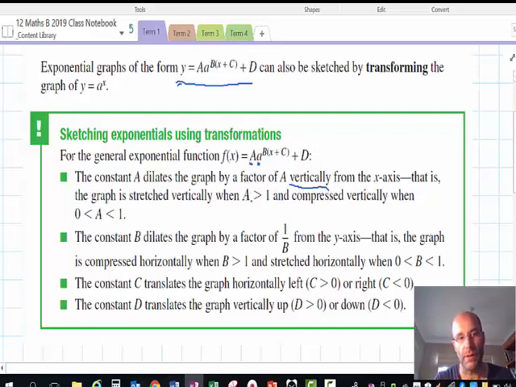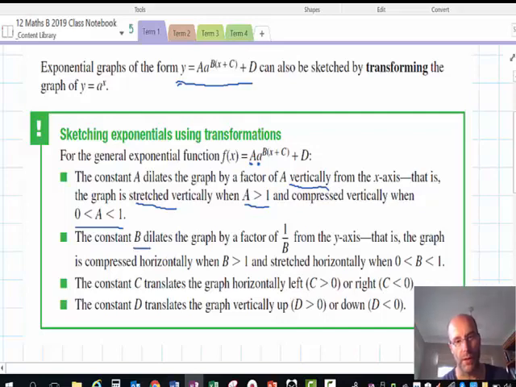So when A is greater than 1, it's stretched vertically by a factor of A. And when it's between 0 and 1, it's compressed. Now if it's less than 0, of course, we have that from two videos ago, we have that mirror image about the x-axis. So that basically is a shape change.